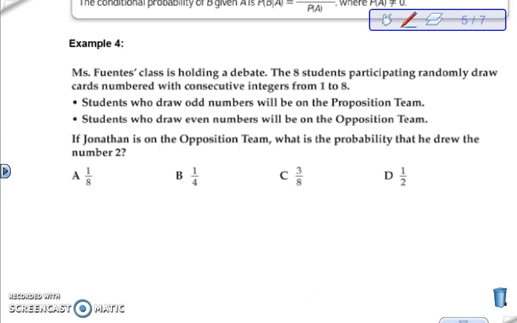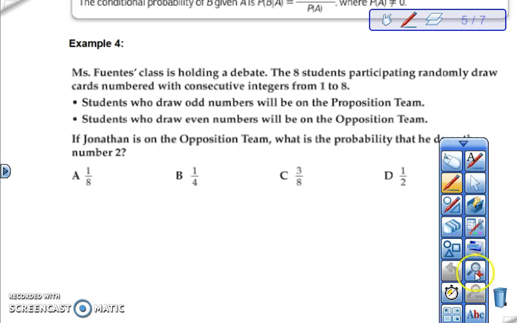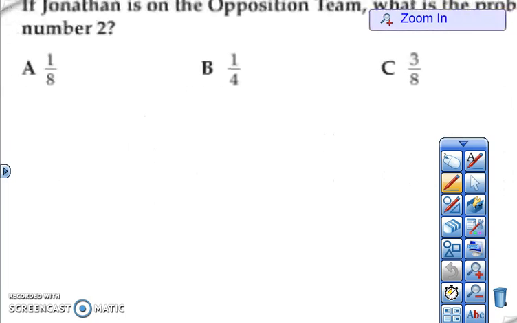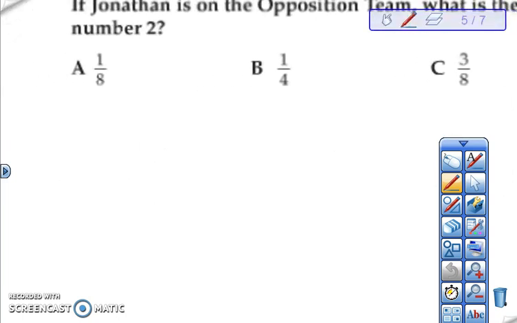So if Jonathan is on the opposition team, that tells us that he had to have drawn an even number. So when I'm listing out my pool of options, I'm only going to write down the even numbers. So we know the evens are 2, 4, 6, and 8.